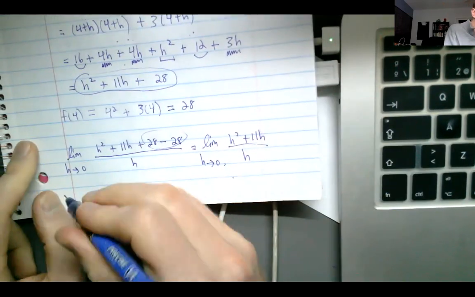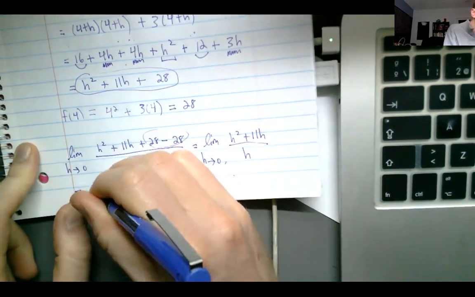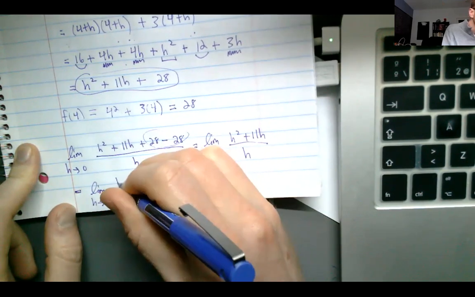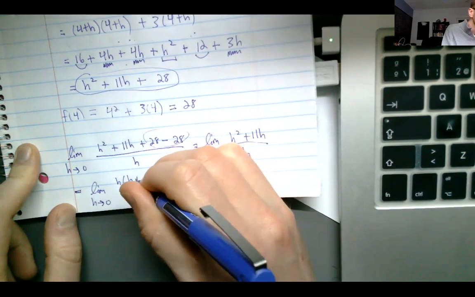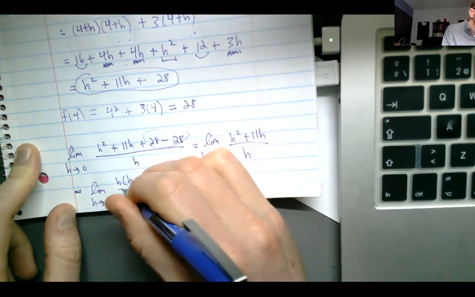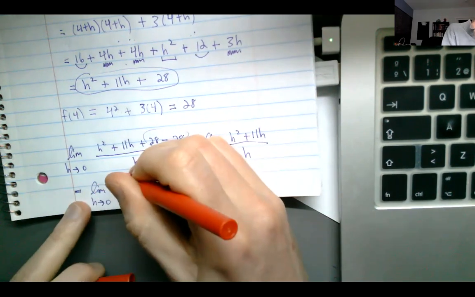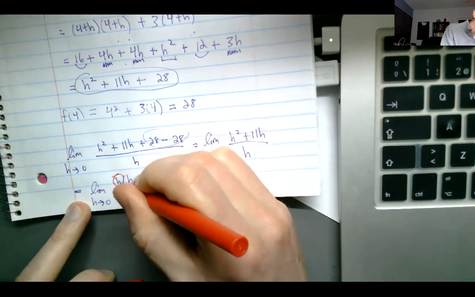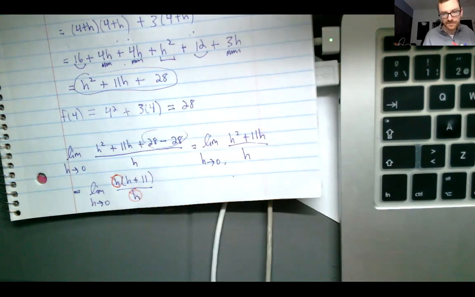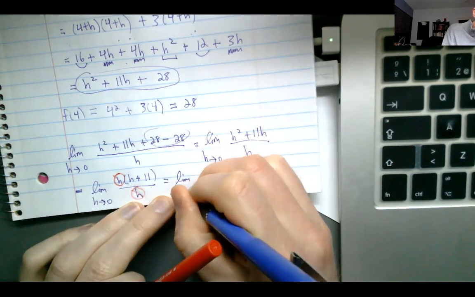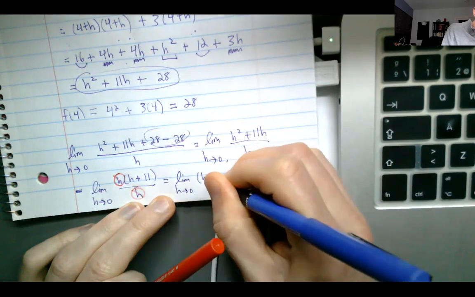So I have the limit as h approaches 0 of h times h plus 11. I've pulled out that common factor of h, and now I can do some cancellation. Namely, I can cancel this h right here with that one right there. So those will cancel, leaving me with the limit as h approaches 0 of just h plus 11.